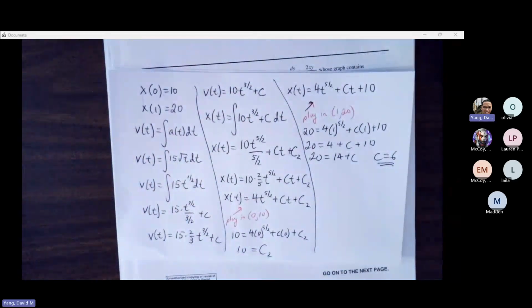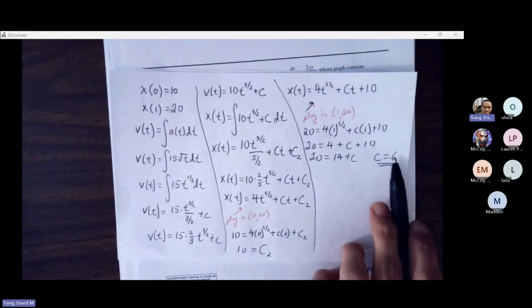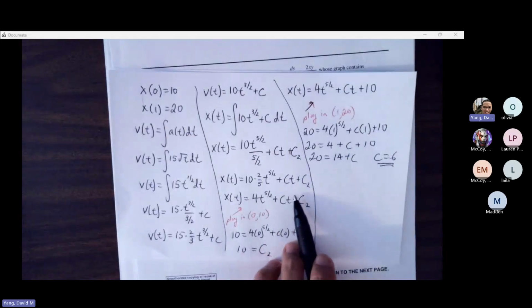So I got c is equal to 6. Let me put that into my position function.